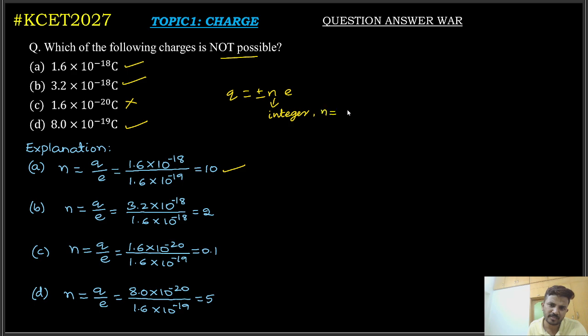N varies as 0, 1, 2, 3, and so on. So if we take Q by E, Q is given here, E we already know, take the ratio. For the first option you'll get 10, second option 2, third option 0.1, fourth option 5, so 0.1 is not an integer, that's why option C, that charge is not possible to have.